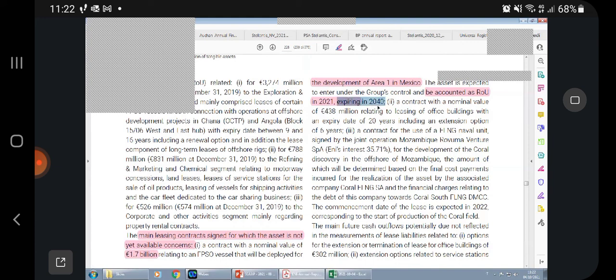Look at the maturity at the lease term, 19 years. Okay? So a very long lease term. And then there are also other types of leasing signed in 2020, but not recognized in the right of use asset because the asset is not still available, was under construction.